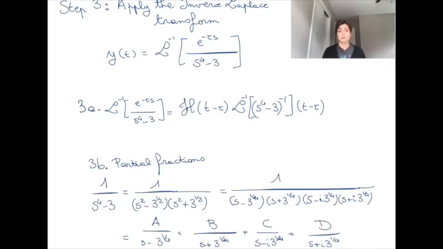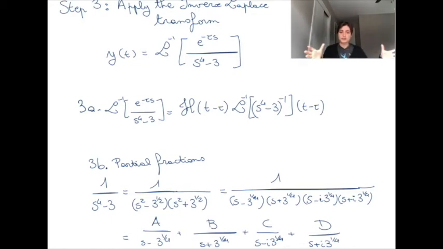We're going to use partial fractions to simplify 1 over s to the 4th minus 3. We're going to split it as s squared minus square root of 3 times s squared plus square root of 3, and then we subdivide it even more into s minus 3 to the 1/4, s plus 3 to the 1/4, s minus imaginary number times 3 to the 1/4, and s plus imaginary number times 3 to the 1/4.